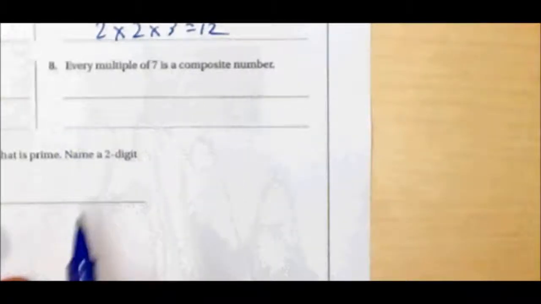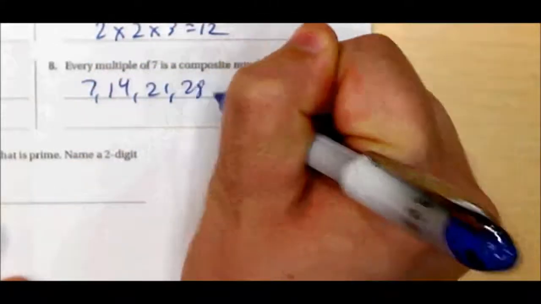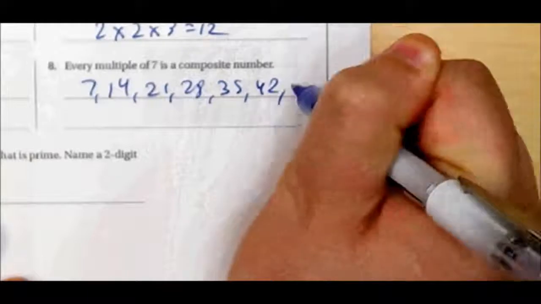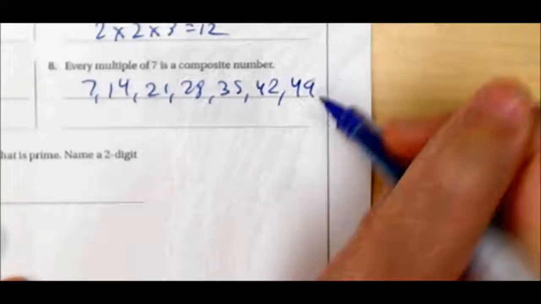The last one says every multiple of 7 is a composite number. So is that true or false? Well, let's write down our 7s. 7, 14, 21, 28, 35, 42, 49.